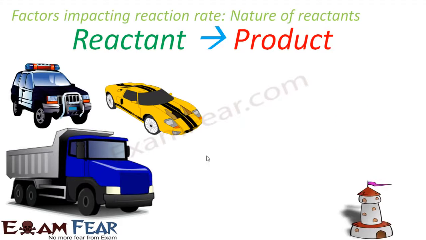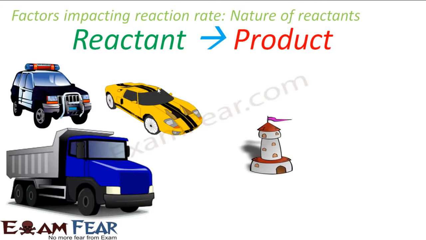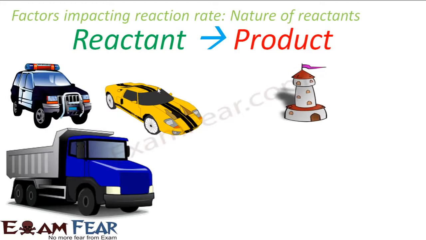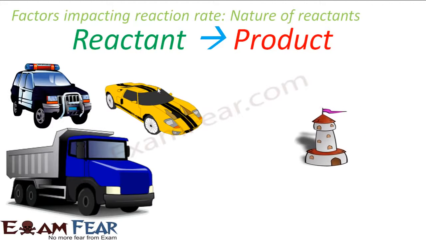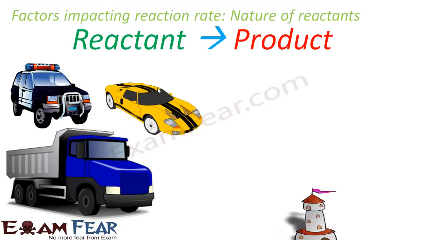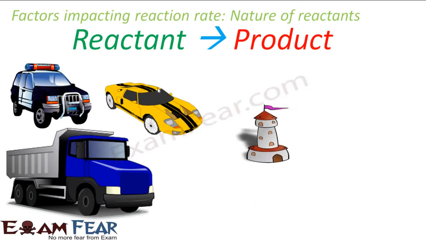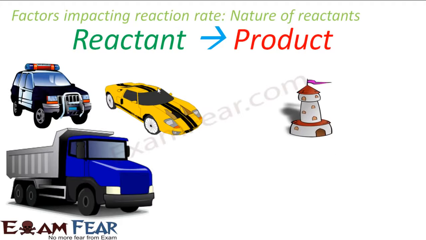So the nature of the reactant, these are my reactants. In fact, the target also is a part of the reactant here. This whole thing is a reactant. So if you see here, the reactant plays a role in the reaction. For example, if you talk about a very slow reaction, for example, carbon diamond to graphite, it's a very slow reaction.